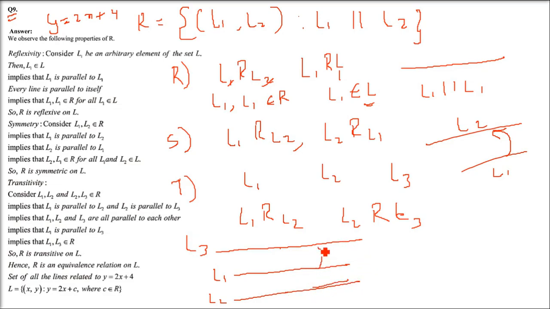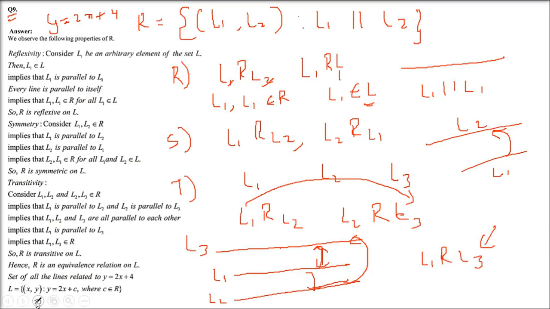One line is parallel to another one, the other one is parallel to the third one, so the first line is parallel to the third one. So this is a transitive relation: L1 and L3 are related. If L1, L2, L3 are parallel to each other, L1 is parallel to L3, so (L1, L3) belongs to R.